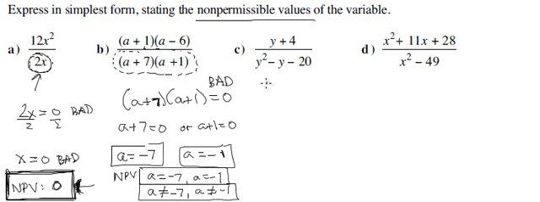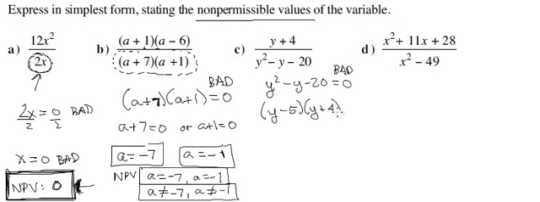Here, y squared minus y minus 20. So we're saying if this equaled 0, that would be a bad thing. We'd get division by 0 then. So how do we solve this? Well, it's a quadratic, which means it should be factorable. It should be possible to find a couple of numbers that add up to negative 1 and multiply to negative 20.